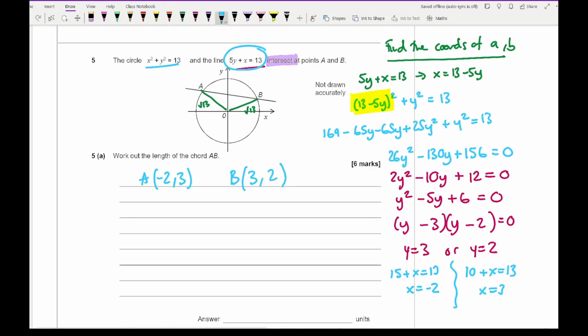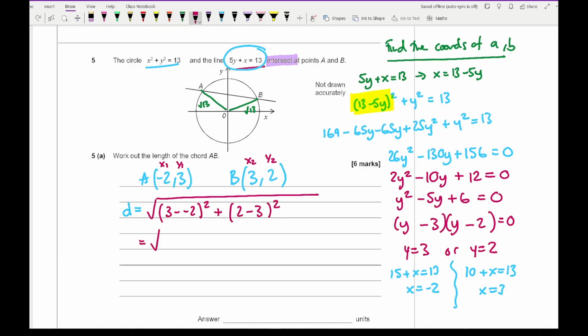So from this, all I then need to do is use the formula for the distance between 2 points. If I just label these x1, y1, x2, y2, I'm going to end up with the square root of (3 minus minus 2) squared plus (2 minus 3) squared.